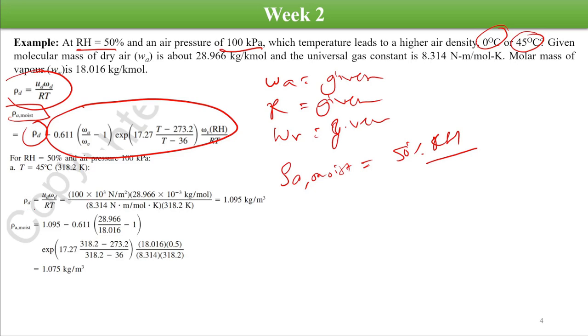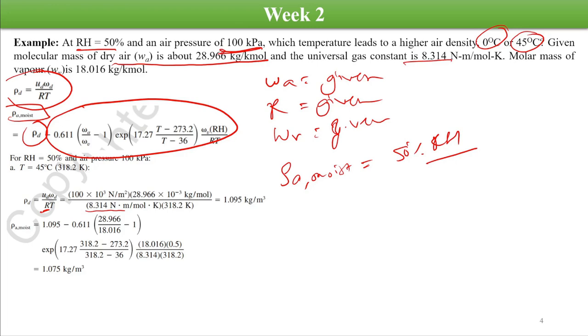So we'll take rho d equal to the air pressure at dry condition, given as 100 kPa, so multiply 100 into 10 to the power 3, similar to the last problem. Then we multiply the molecular mass of the dry air, given as 28.966 into 10 to the power minus 3 to convert kilomole to mole. Then we divide by the universal gas constant R, 8.314, and the temperature.